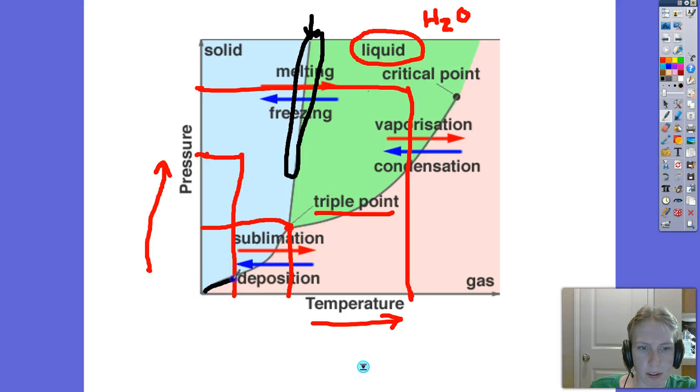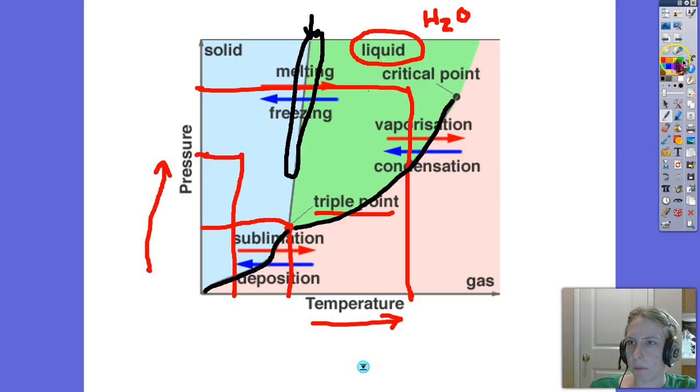Along this line right here is where we have sublimation, so going from a solid to a gas, and deposition happening. So that's low temperature, low pressure. And then along this line, what we have is vaporization and condensation at equilibrium. So exactly on these lines, those are the phase changes that are occurring. Between a liquid and a gas, that's where we get the vaporization and condensation.